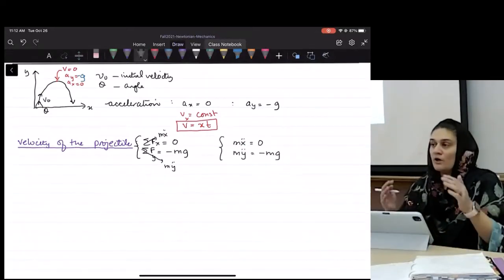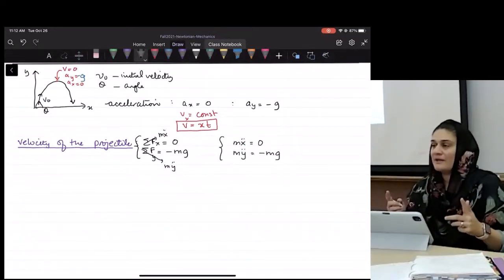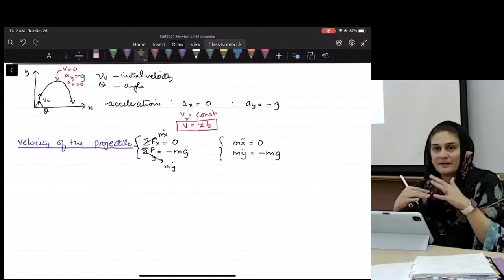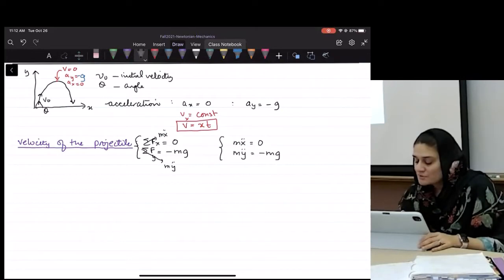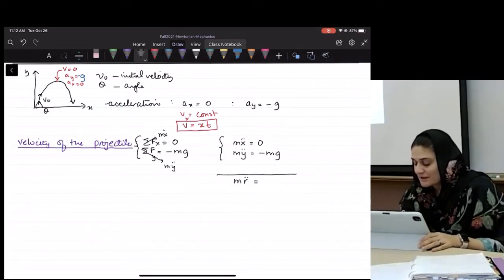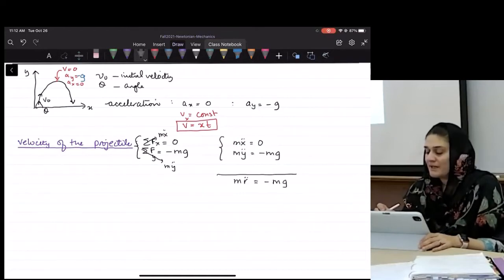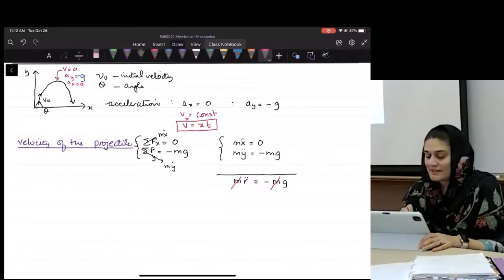If I combine all of those equations of motion, can I write them in terms of r? Just x, y, z, combine them together, write them in terms of r. So may I write this as m r double dot equals minus mg? May I get rid of the m's? May I write this r dot as v?